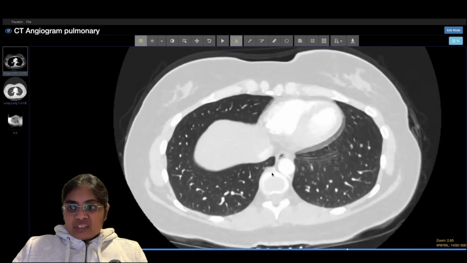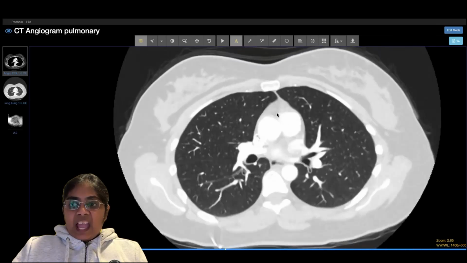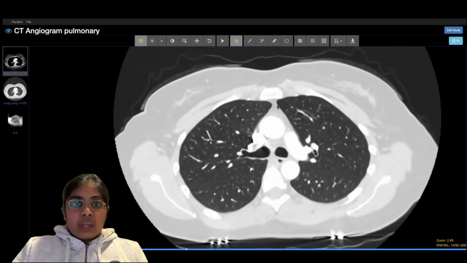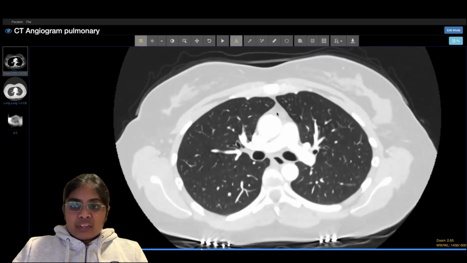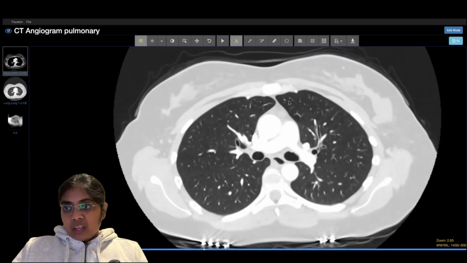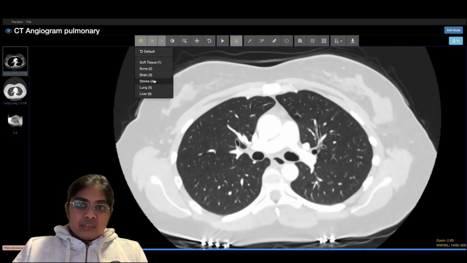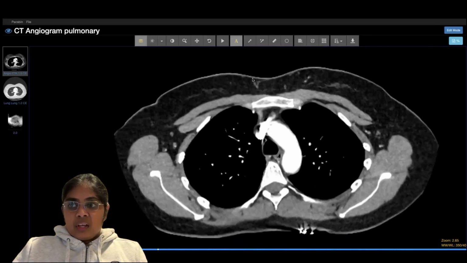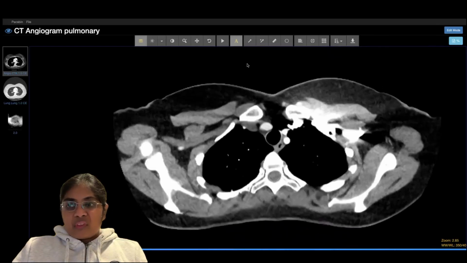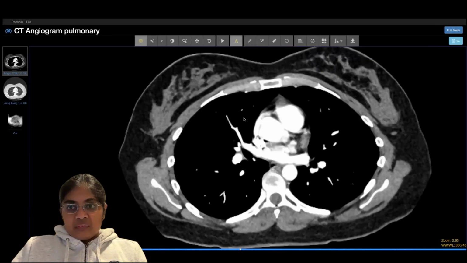So now that we've finished looking at the airway and the air space, the lung parenchyma itself and the interstitium of the lungs, I want to look at the pleura. It's helpful to look at the pleura in the soft tissue window. I'm looking for any evidence of pleural thickening or effusion.